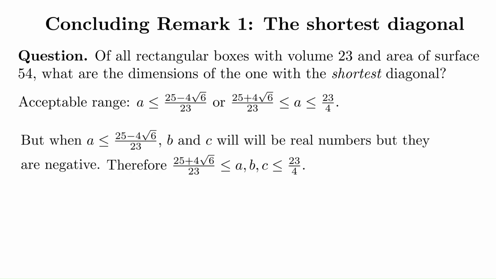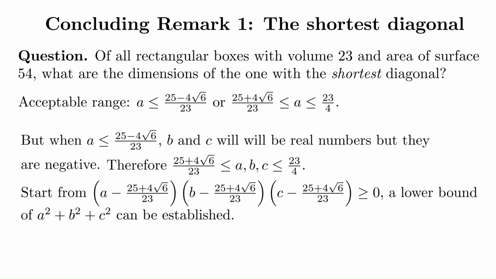However, if one of the three variables is less than or equal to the smallest root, the other two variables, even though they are still real numbers, become negative. So that case is not acceptable. In other words, the smallest value for all three variables is actually the second root.